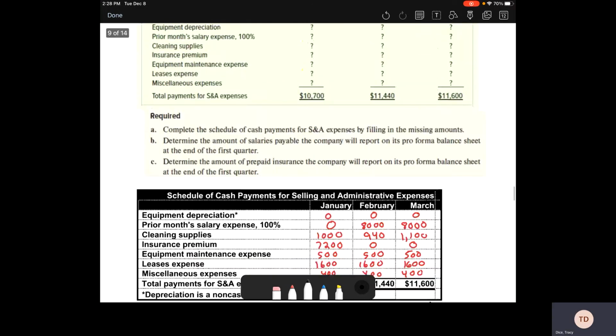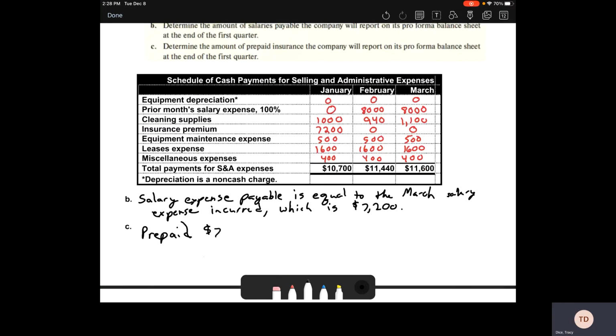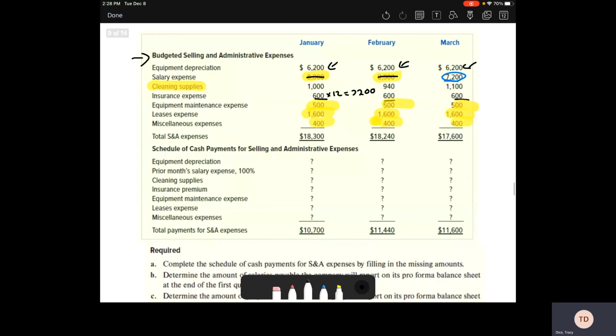Oh, that's the same amount as our salary expense. That's fun. On January 1st, we now know that the amount at the end is going to be whatever 7,200 is minus our 3 months that we have expensed off.